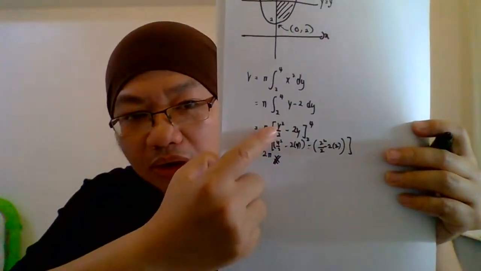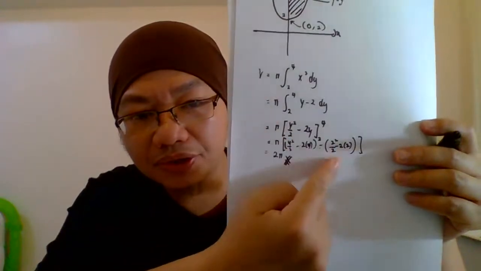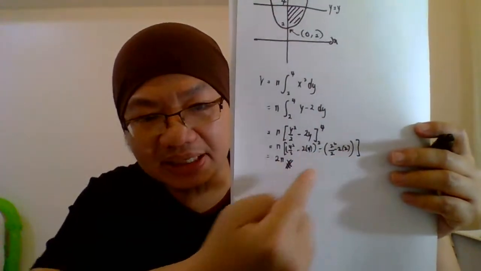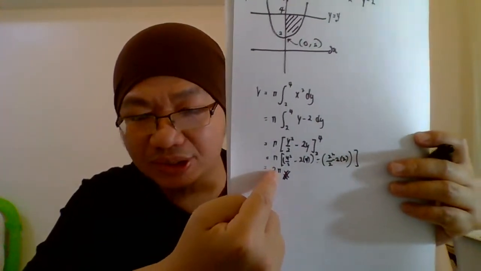So actually it becomes pi, bracket 4 squared over 2 minus 2 times 4, minus, bracket 2 squared over 2 minus 2 times 2. Okay, so you're supposed to get this one. Substitute 4 and then substitute 2, then you're supposed to get 2 pi. I hope this answer is correct.